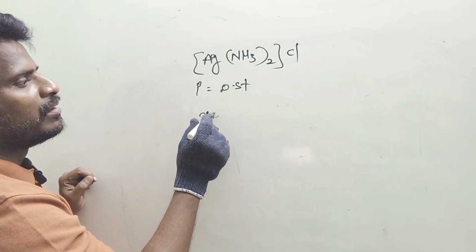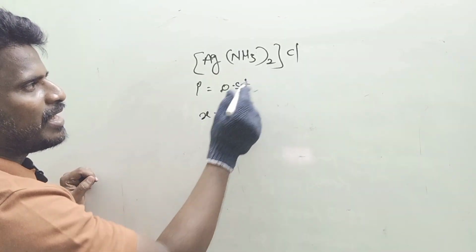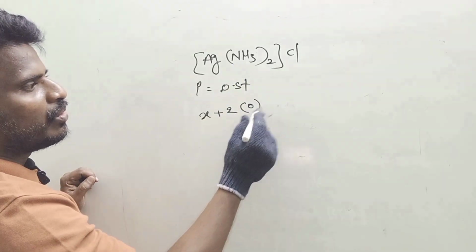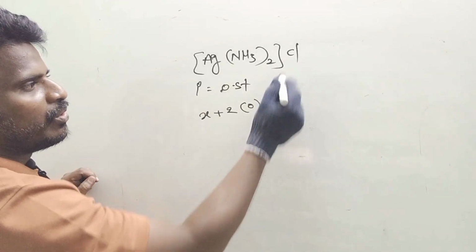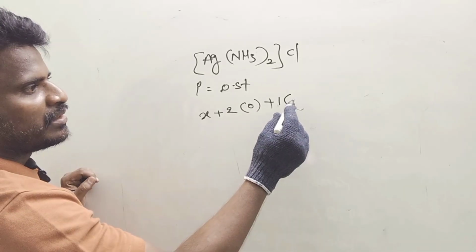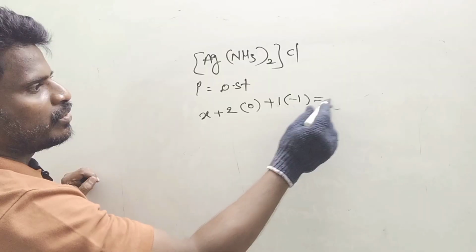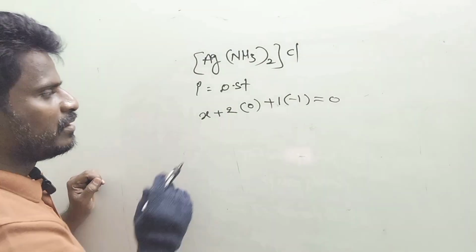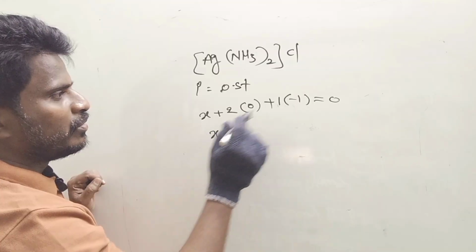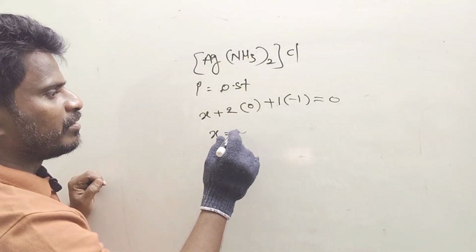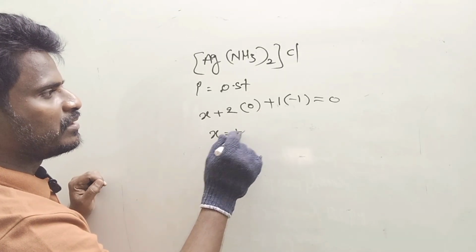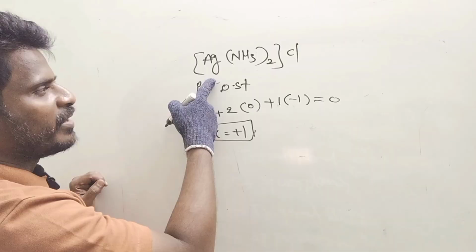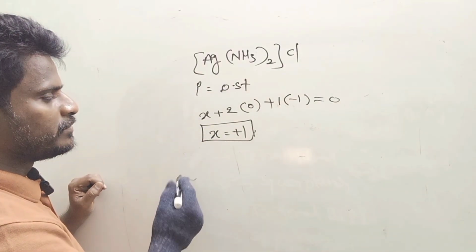It is X plus 2 ammine ligands, each ammine ligand charge is 0, and plus 1 chlorine, whose charge is minus 1, and the total is equal to 0 because the complex has no charge. Then X is equal to plus 1. Primary valency in the complex is its oxidation state.